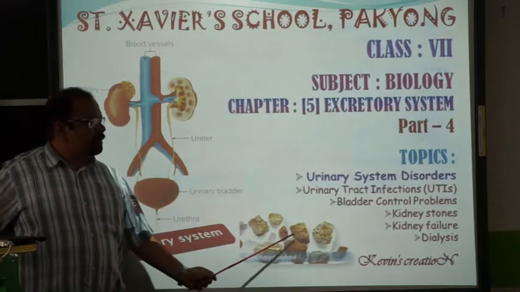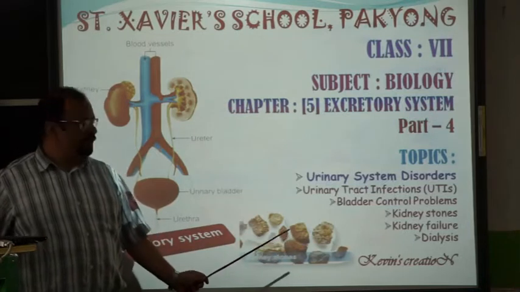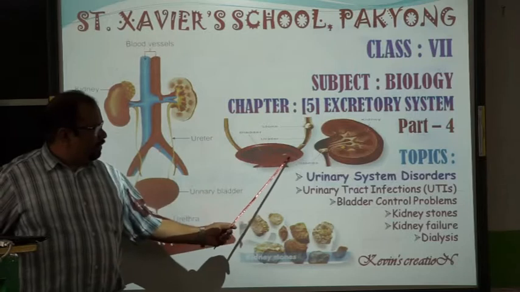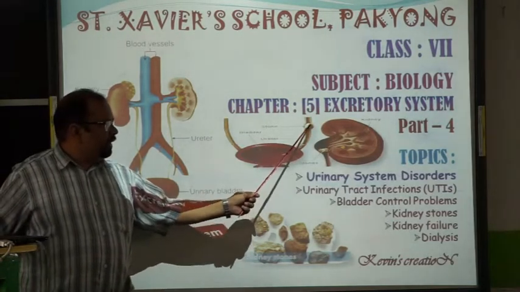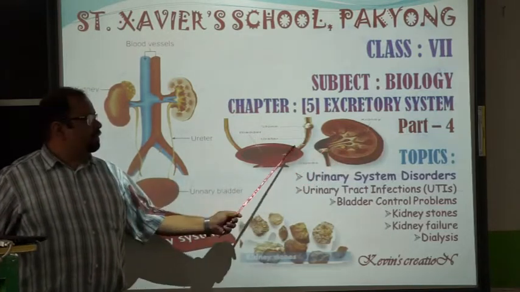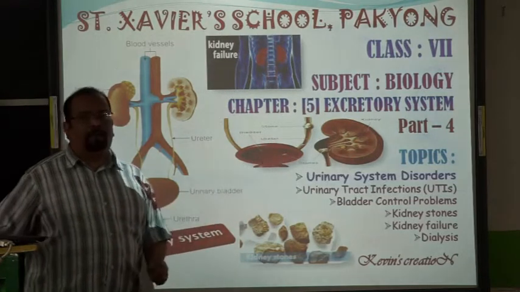These are the stones which are there in the kidneys and are removed after the operation. Here you can see these are the stones. They could be in the urinary bladder or in the ureter or maybe in the kidneys, and they cause lots of pain. And here you have the kidney failure. We will be talking about kidney failure as well.